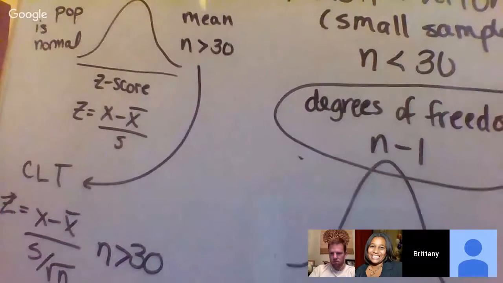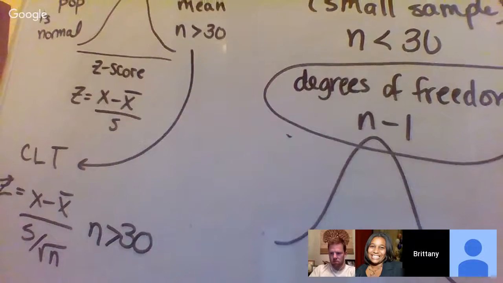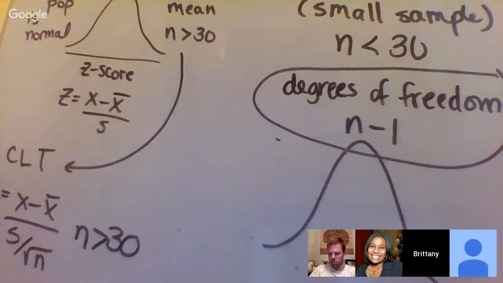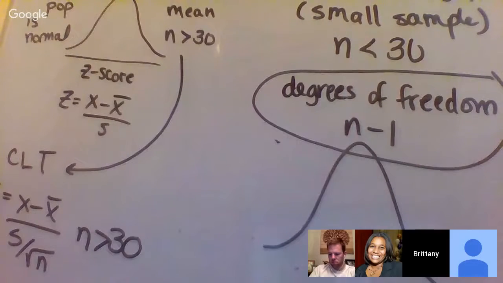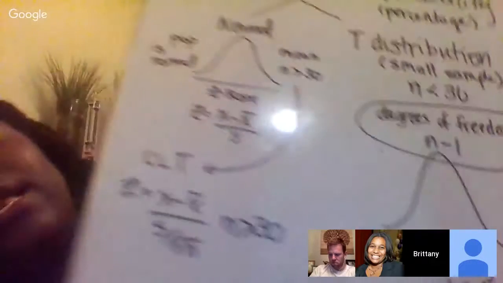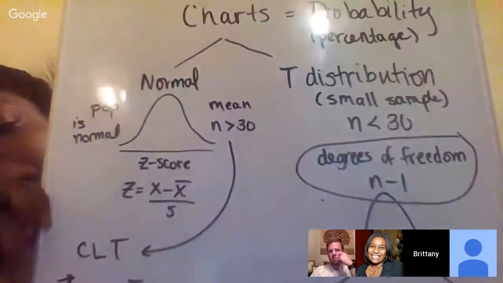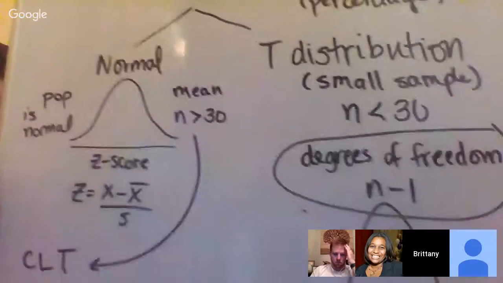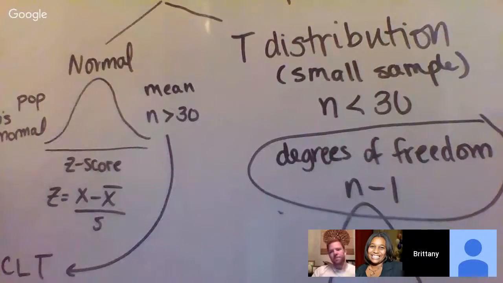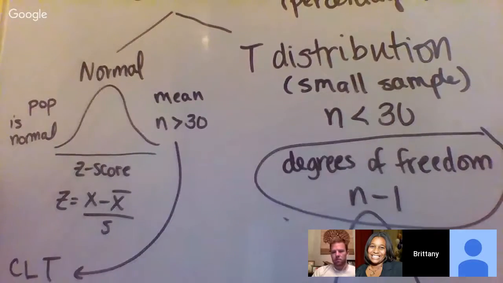So for the t-distribution, if we're finding probabilities, we use n-1. Okay. Now, there are other situations where the degrees of freedom is different, and so I don't think we'll get into it today. But if we're finding probabilities for a sample mean, which is what we have here, the degrees of freedom is n-1, where n is our sample size. Okay.